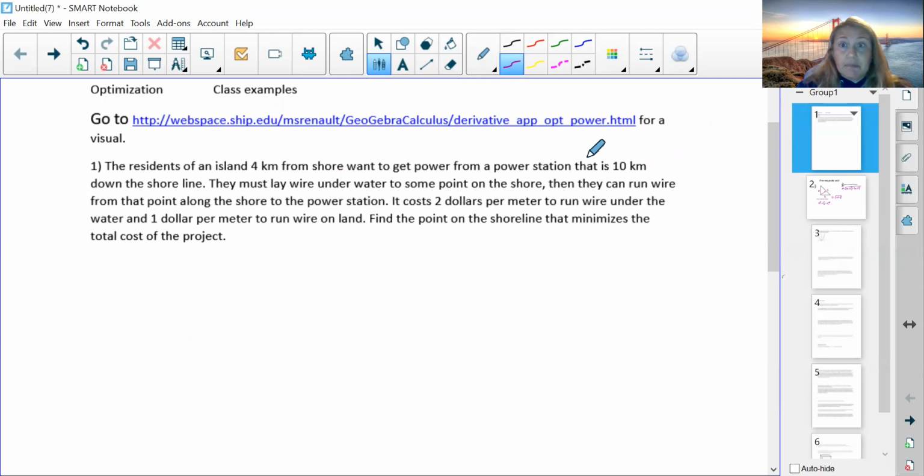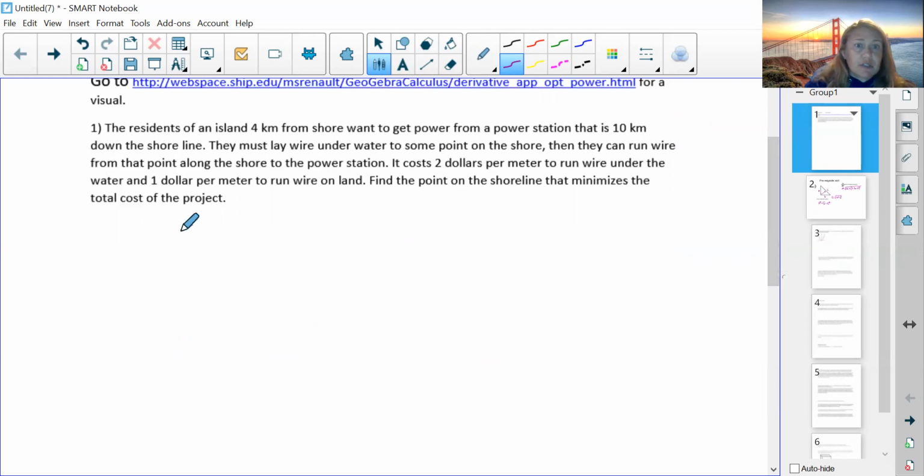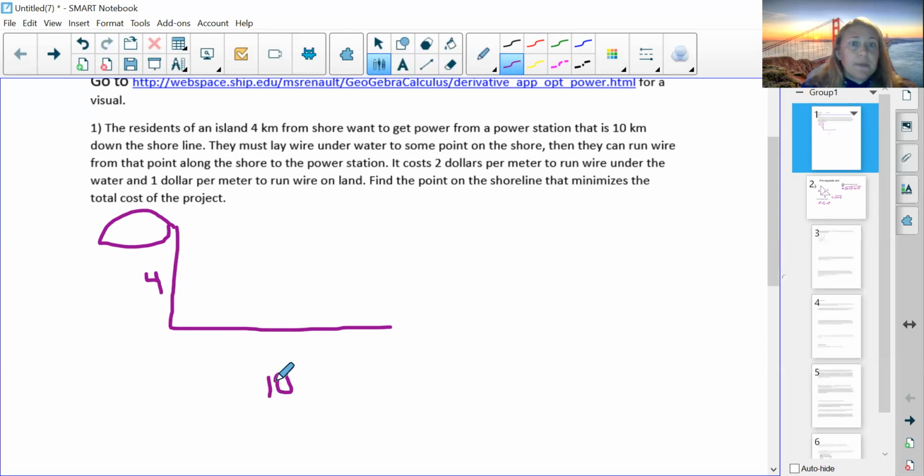If you want to log in and play along, we have residents of an island, 4 kilometers from shore. So there's their island. They're 4 kilometers from shore, and they need to get power from a power station that's 10 miles down the beach, or not miles, kilometers, sorry, 10 kilometers down the beach. Units matter.